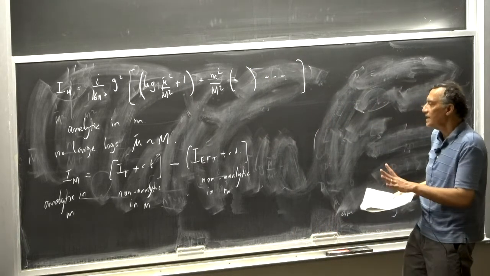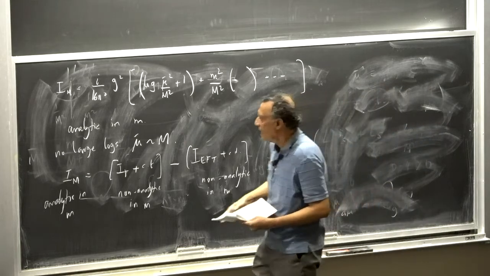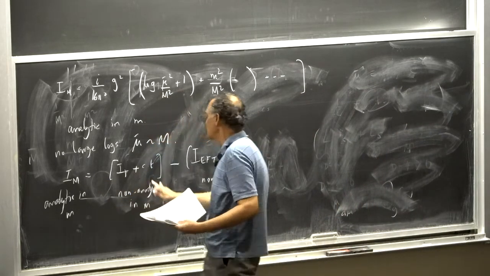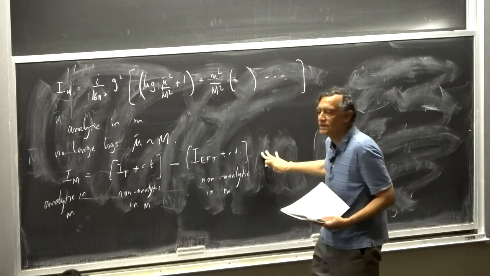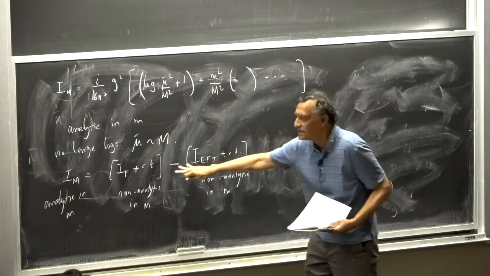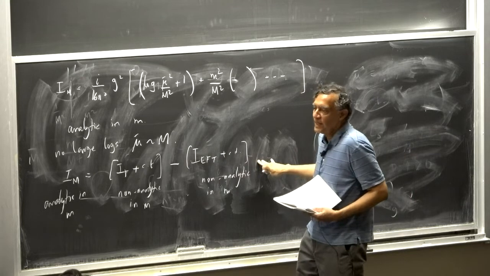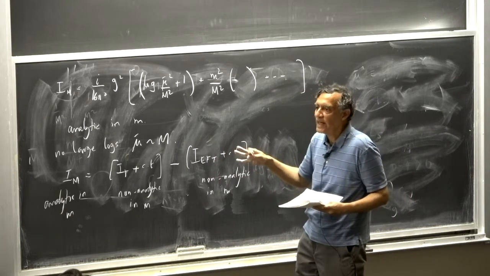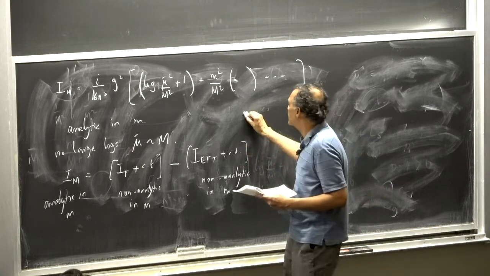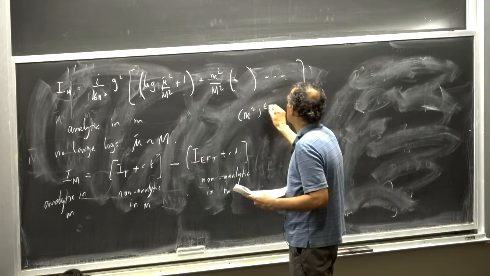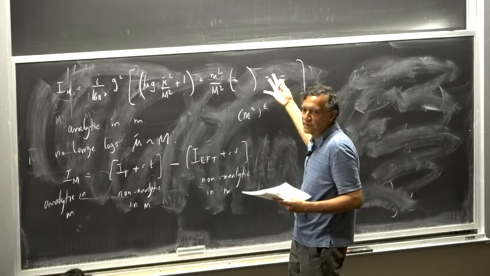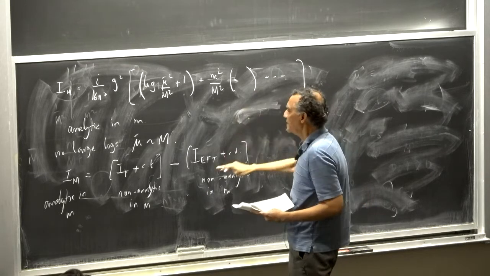So now I can do a trick. I know that this is analytic in m, so I can just expand the right-hand side, both of these, in m. And in dim reg, if you do this, all the non-analytic terms go away, because you have things like m squared to the epsilons where the logs come from. But if you first Taylor series expand, you get 0. So let me expand this.